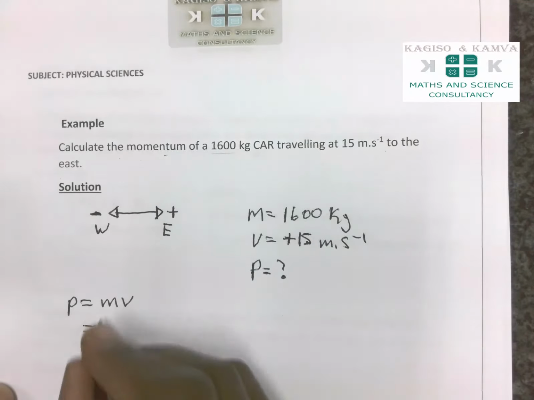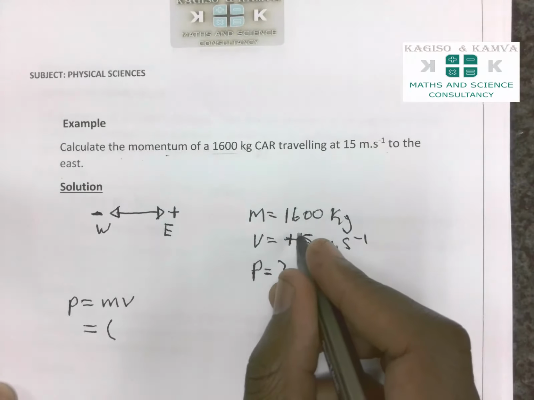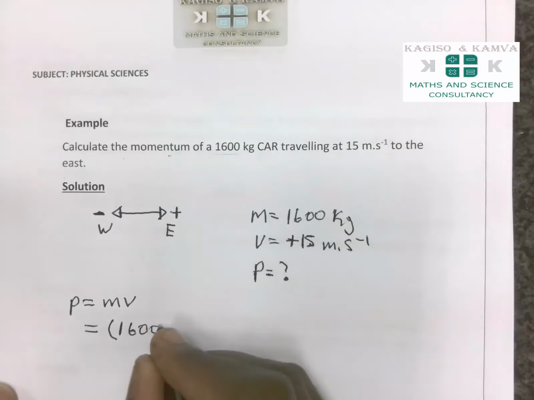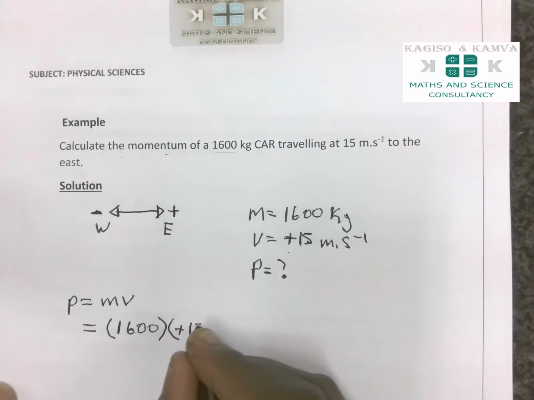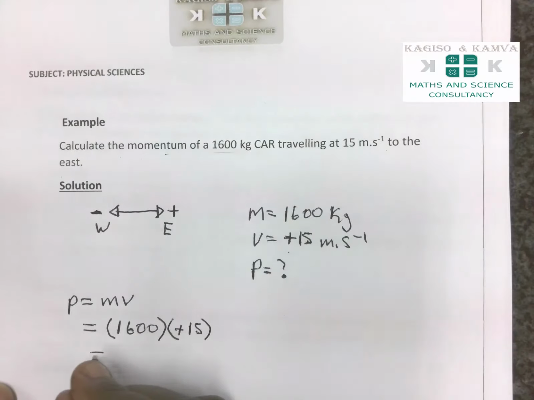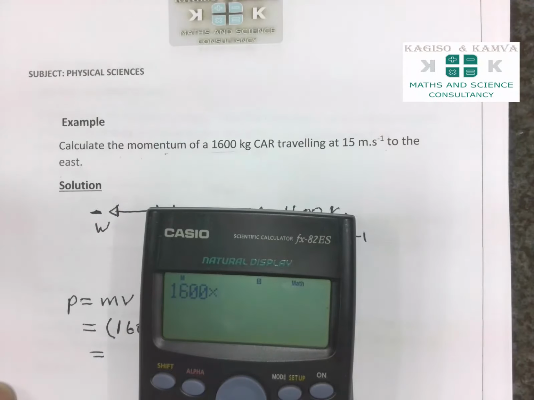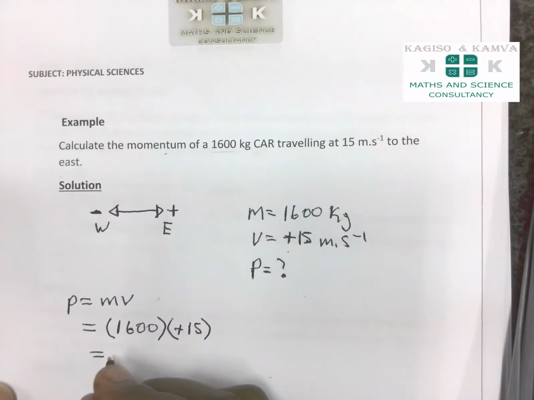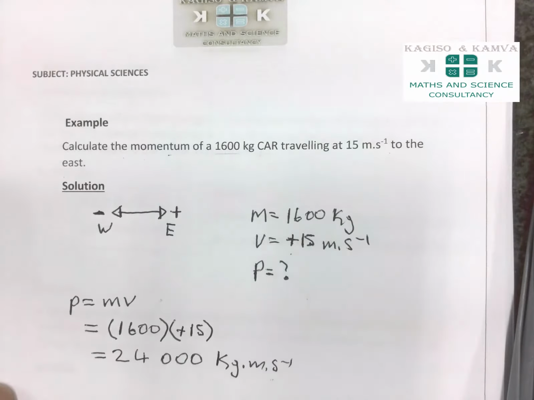M is 1600 kg, multiplied by positive 15. 1600 multiplied by 15 is 24,000. So that will be 24,000 kg meter per second.